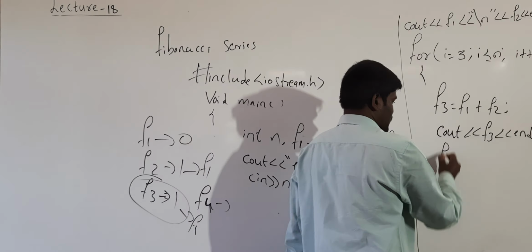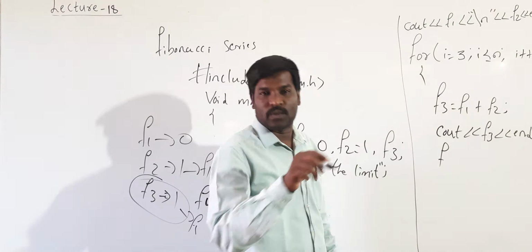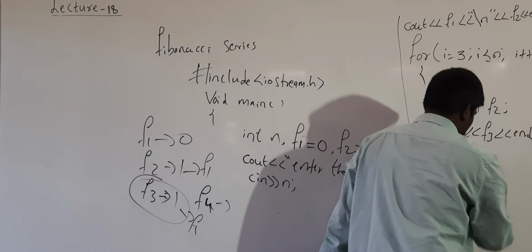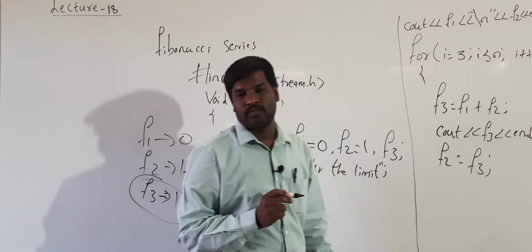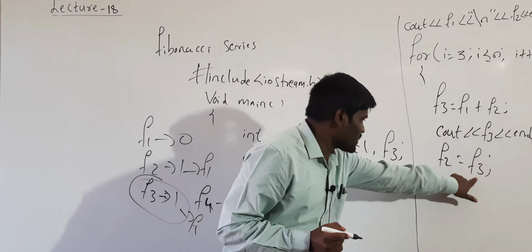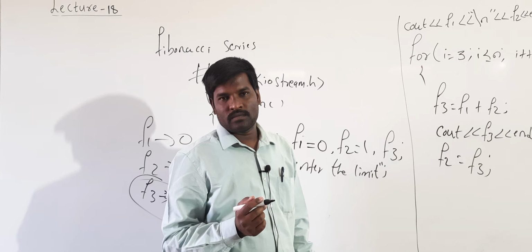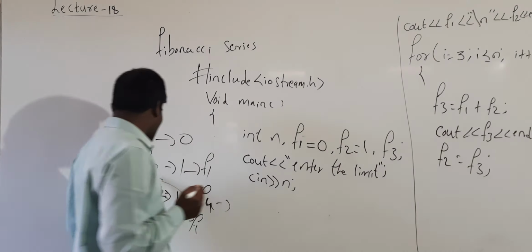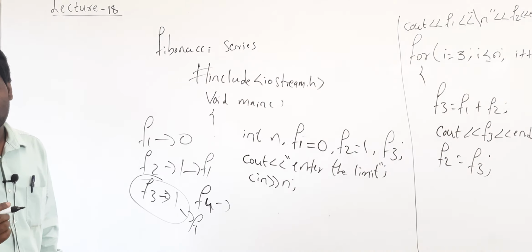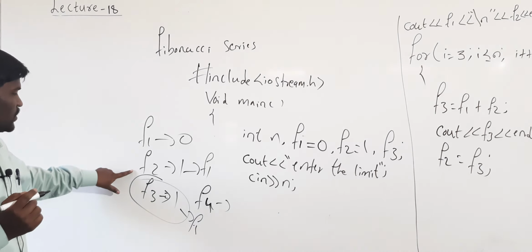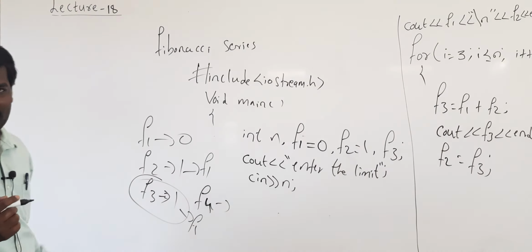Next, F3 acts as F2, it means the F3 value is stored in F2. And F2 acts as F1.